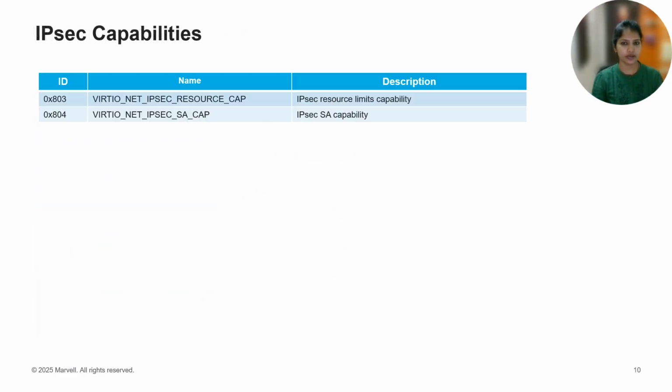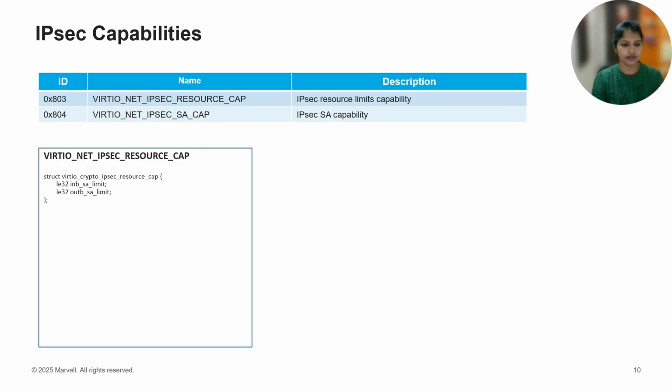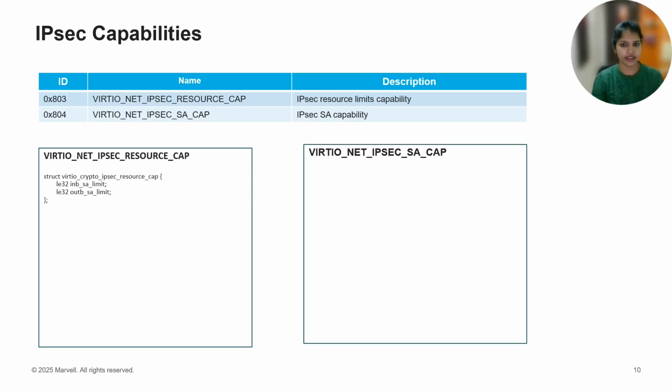Integrating IPsec into virtio-net requires two capabilities: virtio-net IPsec resource cap and virtio-net IPsec SA cap. The device and the driver indicate the IPsec SA resource limit using the virtio-net IPsec resource capability. The virtio-net IPsec SA capability defines the IPsec protocol features the device supports.